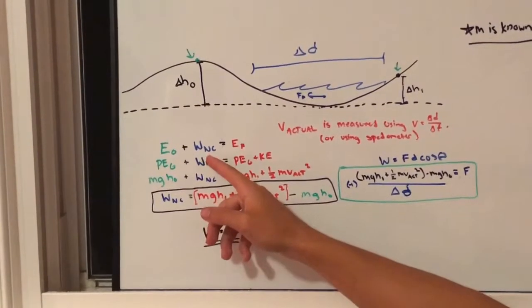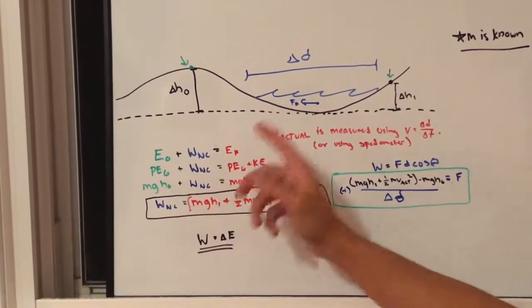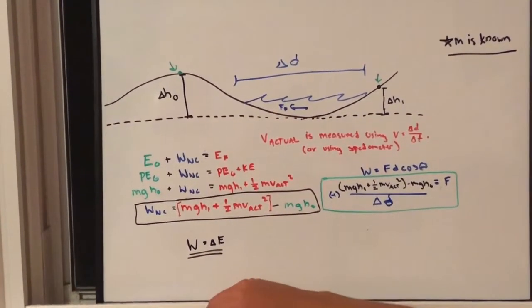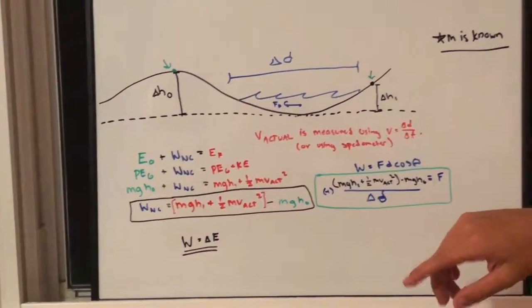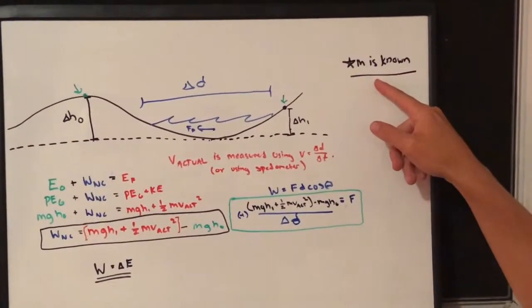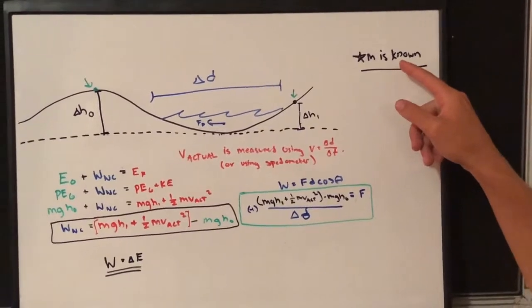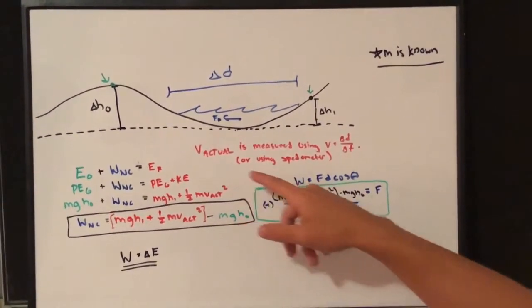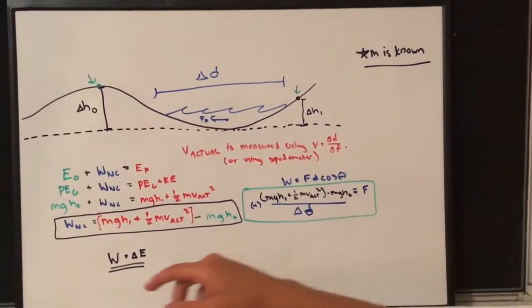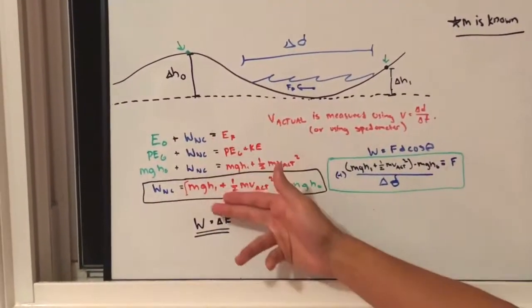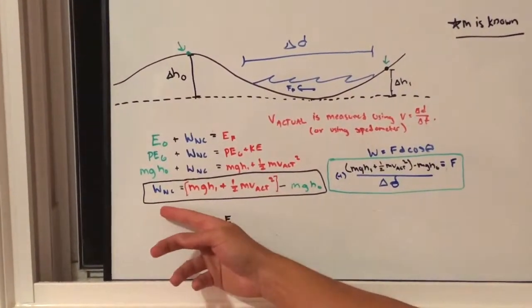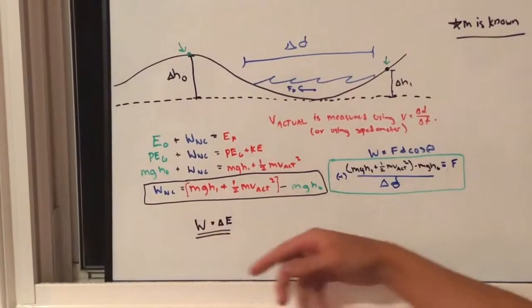And this is work non-conservative, which is going to be friction. And the variables that we know are m, because we know the mass of the roller coaster, and V actual because we used a speedometer. And then we pull down the equation and we solve for work non-conservative.